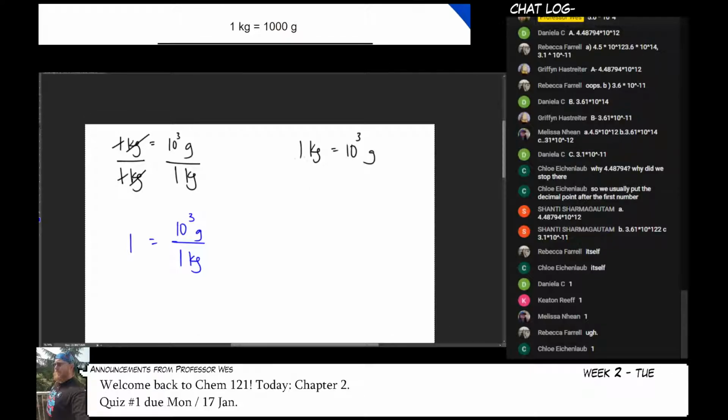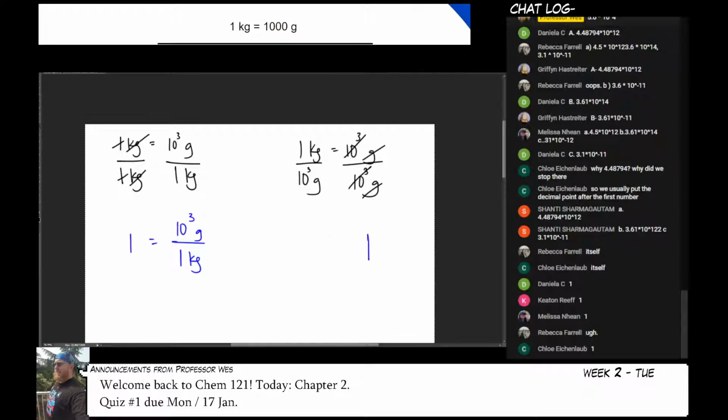I'm going to do the same thing over here, except this time I'm going to divide by this number. And like we said, a number divided by itself is 1. But that's true for anything divided by itself. We call that they cancel out, right?